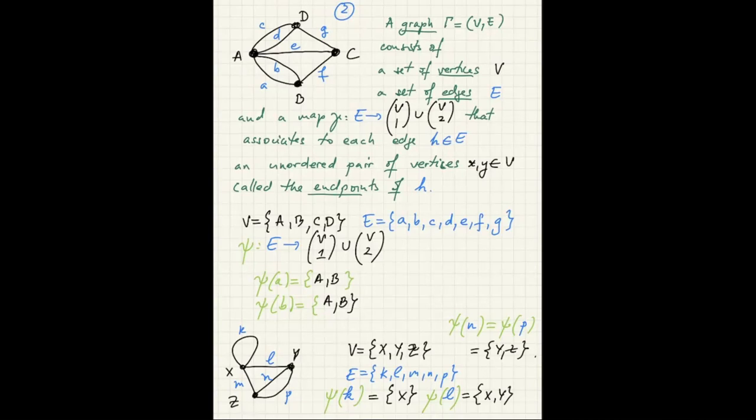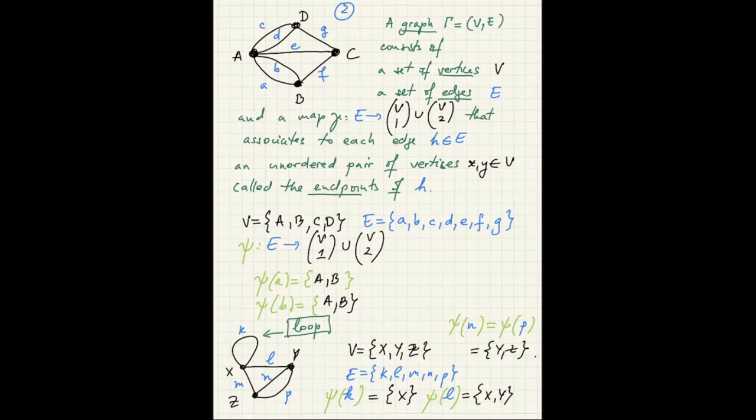Okay, so this is a different example, and in this situation we have these maps. So for the edge k, its endpoints are equal, basically x and x. So in that situation, psi of k is contained in the collection of one-element subsets of the set of vertices. Now, these are special situations, and an edge like this edge k is an example of what is called a loop. That's an edge whose endpoints are equal.